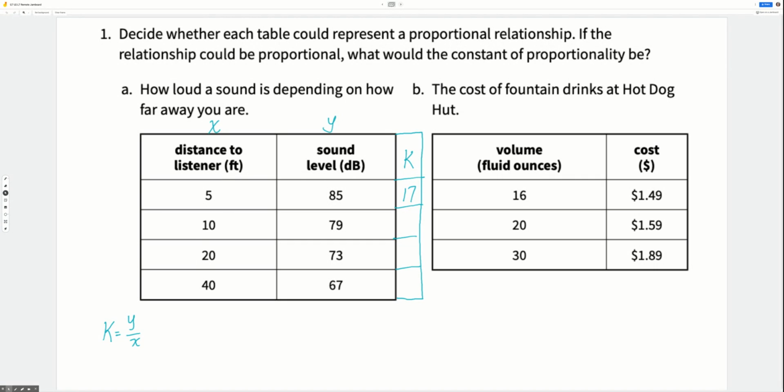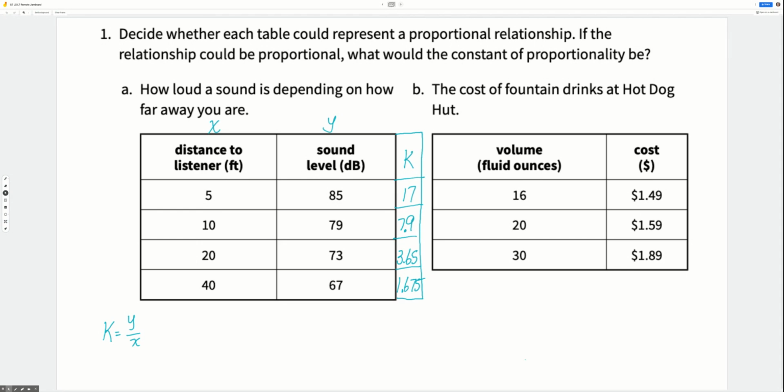Let's type in another one. 79 divided by 10 is 7.9. 73 divided by 20 equals 3.65. Okay, and we've got 67 divided by 40 and 1.675.